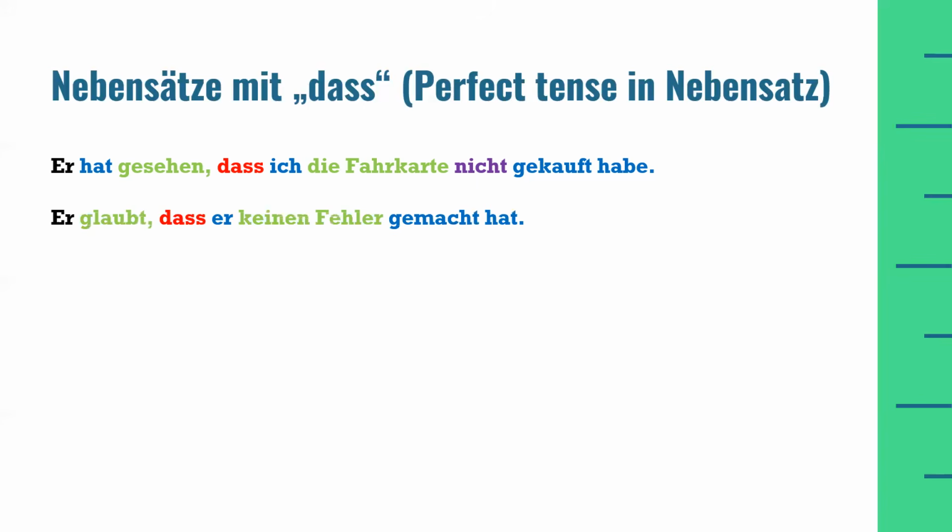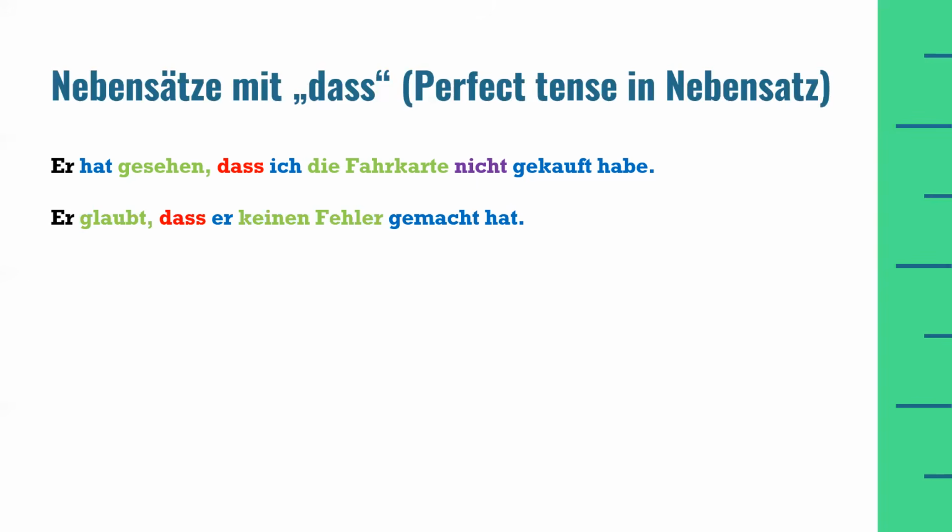Er glaubt, he believes, or he thinks. What does he think? We have to create a Nebensatz for that. Dass er keinen Fehler gemacht hat. He thinks that he hasn't made any mistake. Again, dass is the starting point or the first position of the Nebensatz. Then comes er, which is the subject of the sentence.